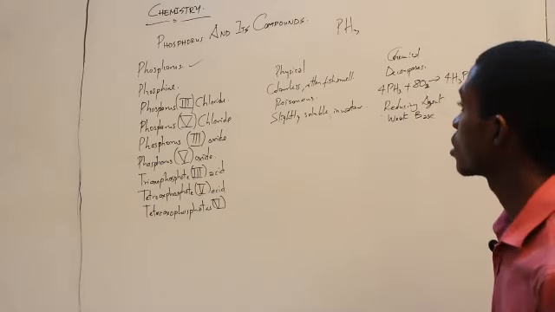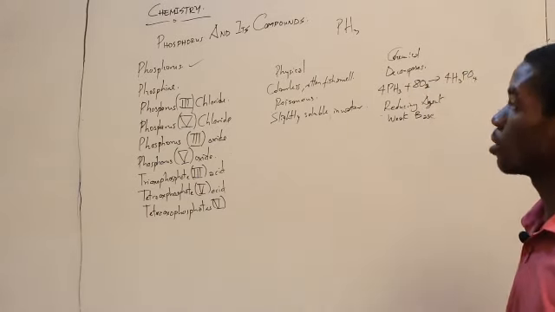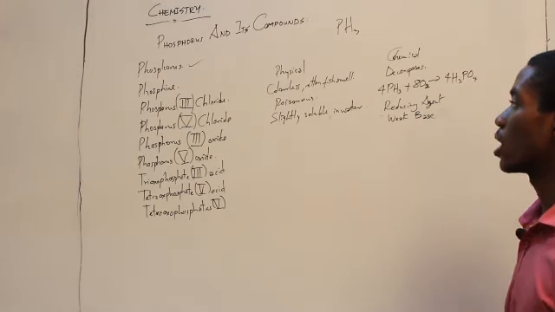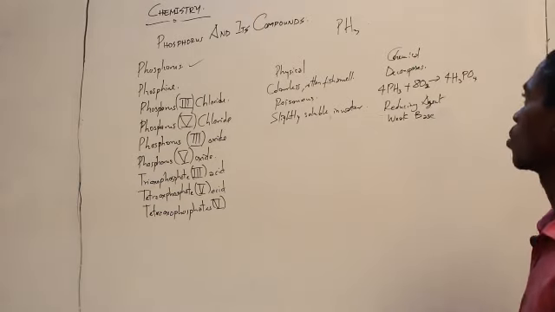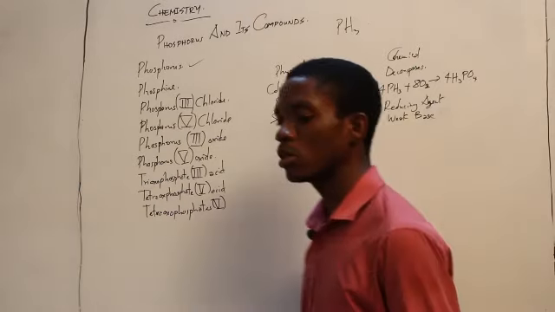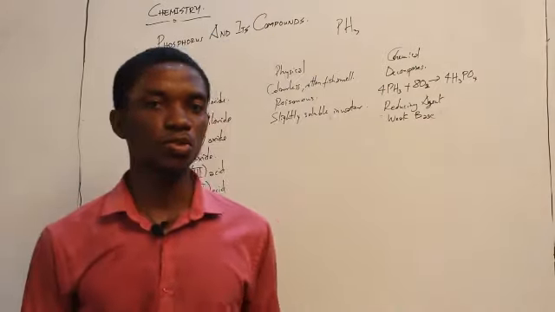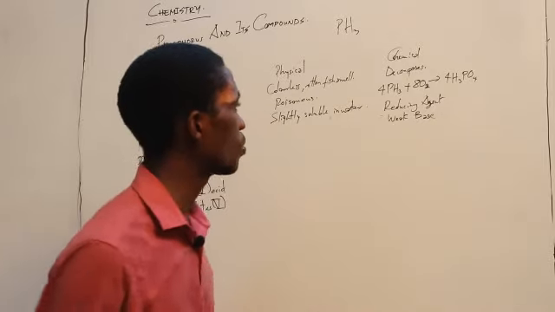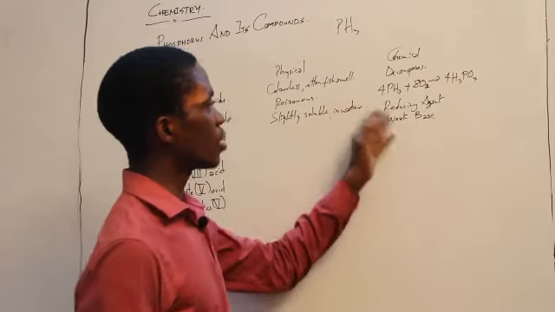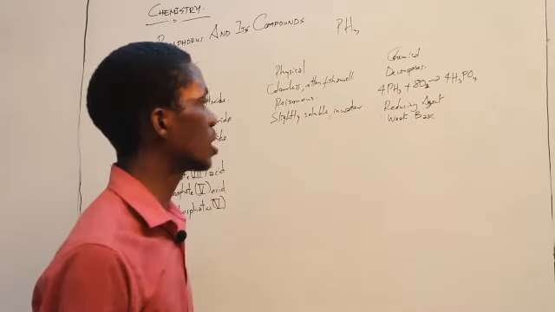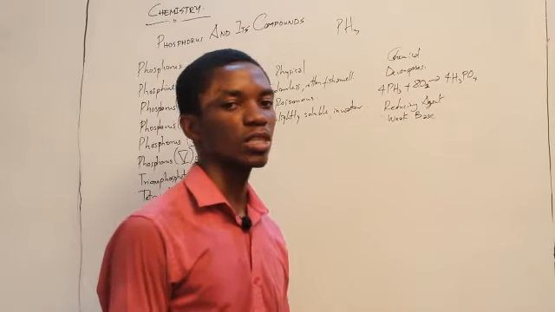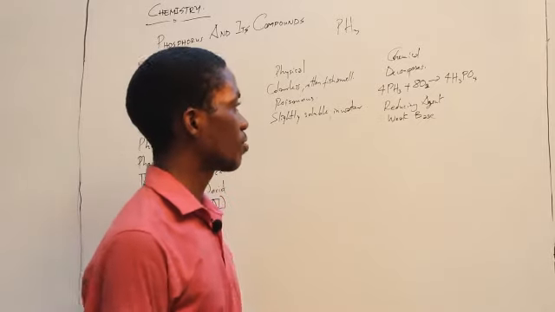It is a colorless gas with a rotten fish smell. It is poisonous and slightly soluble in water. Unlike ammonia, it's only slightly soluble in water. It decomposes to form phosphorus and hydrogen, which are the components it's made up of. It reacts with excess oxygen, and the end result is the production of the tetraoxophosphate 5 acid.